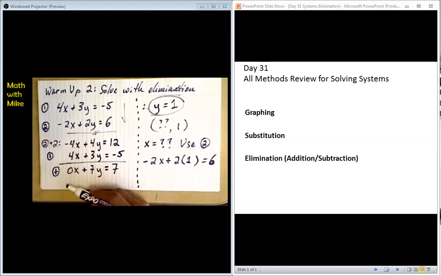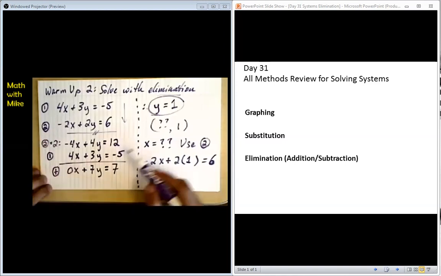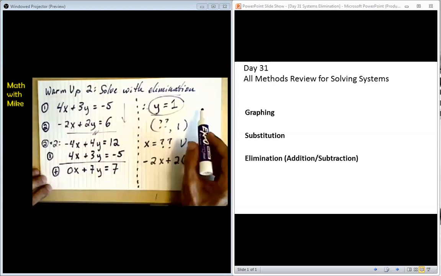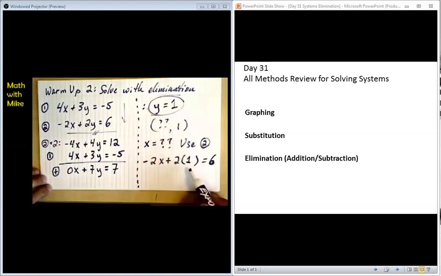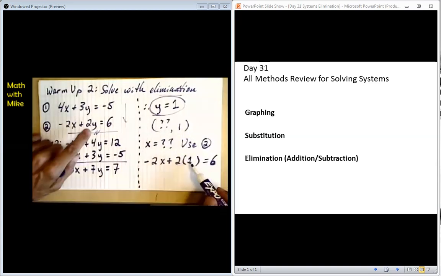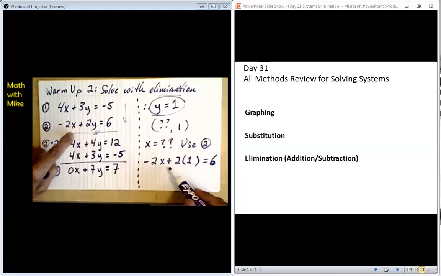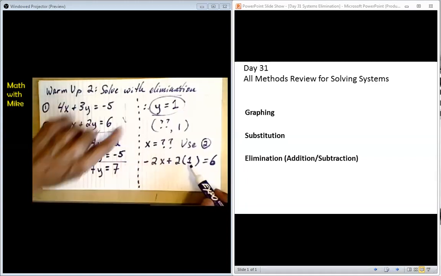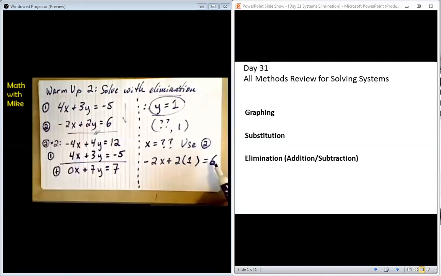Okay, so we do that work, and we get y is equal to 1, so we save it for a little bit later. Well, now's the later. Okay, we use equation 2 because it's the nicer of these two equations. This one is now right in there. Replaces the y. Minus 2x plus 2, y is equal to 1, equals 6. Now we work it out.